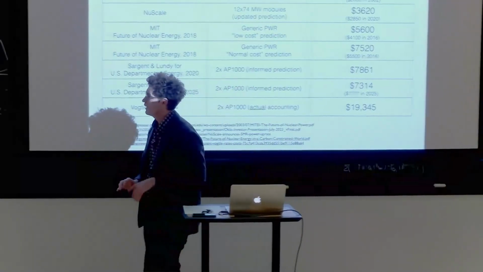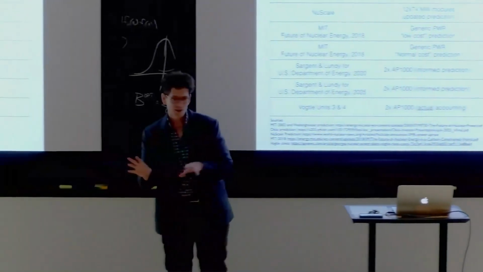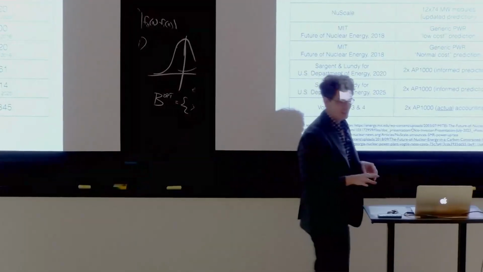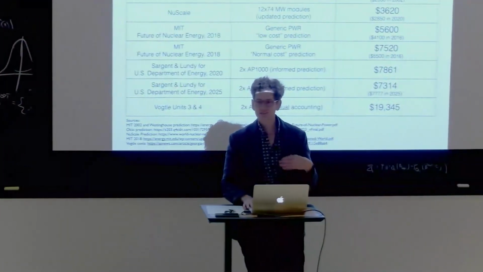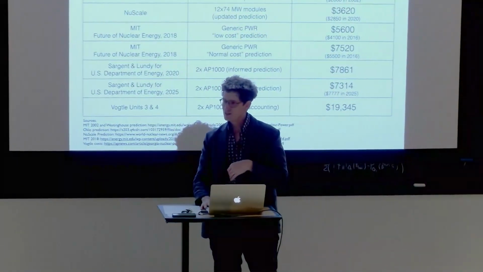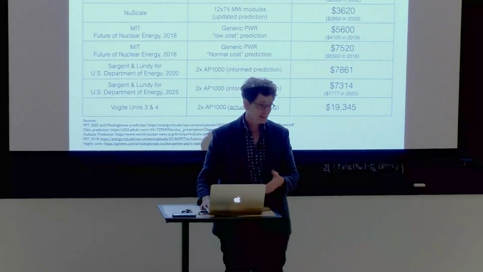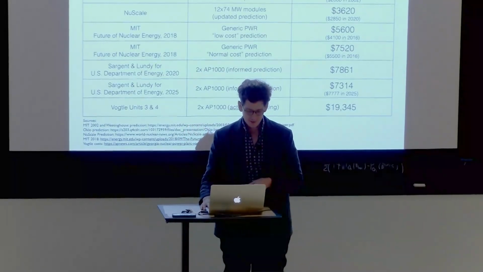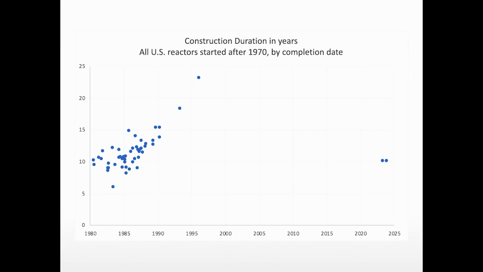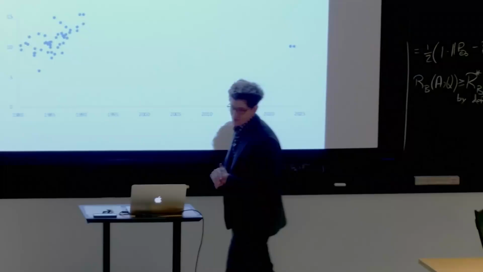So I want to talk about what other countries have done to see if we can glean some additional phenomenological insight and what lessons we have. This, for reference, is construction duration for all U.S. reactors.